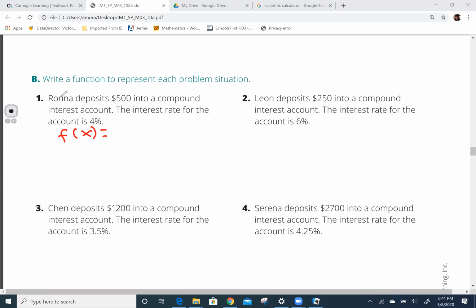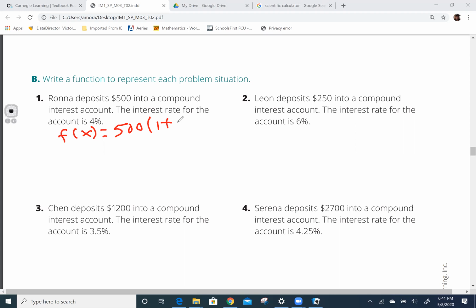So 500, that's your starting amount. Okay, and it's 1. Okay, if it says increasing, actually in this one it won't matter because this is just compound. So with compound, you're just making money. So it's not gonna be plus or minus, it's just gonna be plus. And 4%. Okay, if you're not sure how to change 4% to a decimal, type it in the calculator, 4 divided by 100.